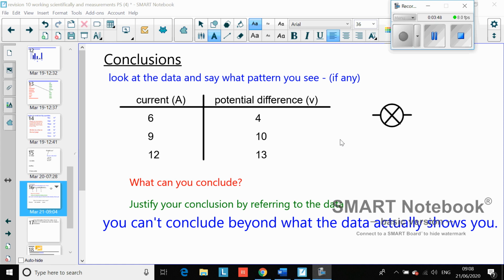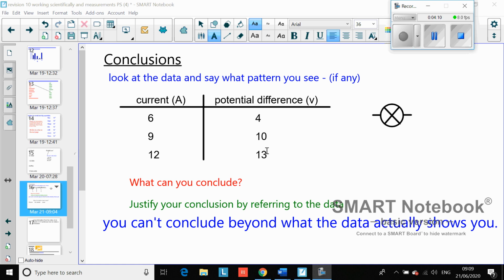You also need to be able to use your results to justify your conclusion. Okay, so the potential difference across the bulb was 9 volts higher with a current of 12 amps, compared to a current of 6 amps. So for example, 4 up to 13 was a difference of 9 volts.